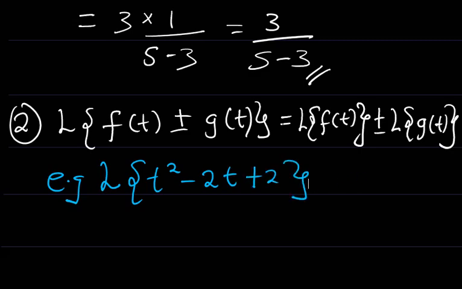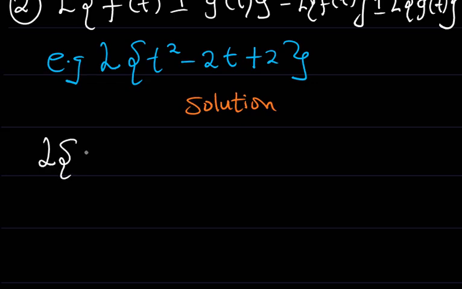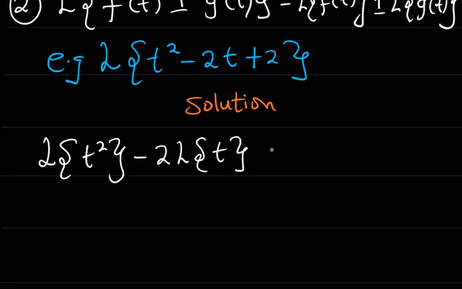It is very easy to solve this. This is like evaluating the Laplace transform of t square, minus 2 times the Laplace transform of t, plus the Laplace transform of 2.